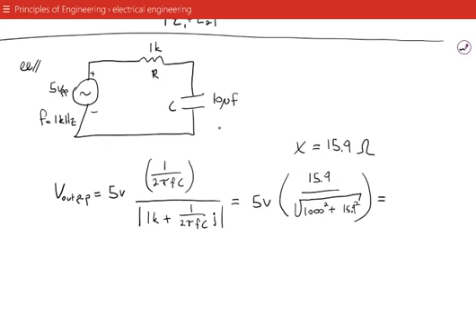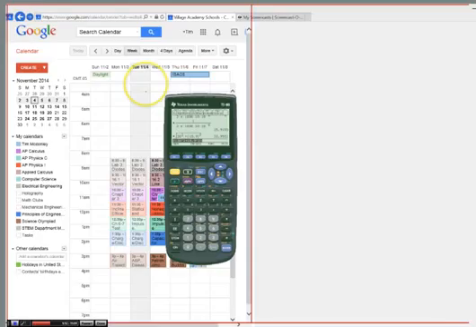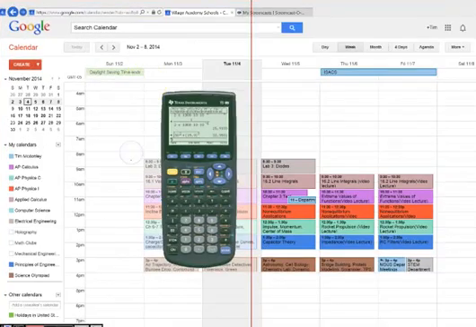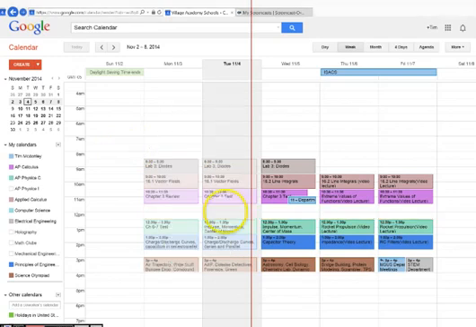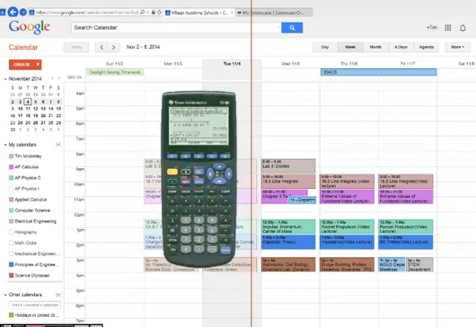And we can type that into our calculator to see what that's equal to. So we're going to have 5 times 15.9 divided by the square root of 1,000 squared plus 15.9 squared.